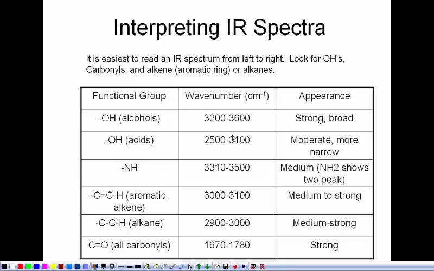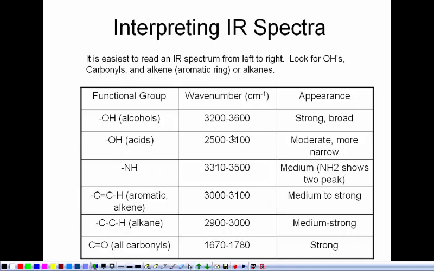Acids will show up closer to 3000. NHs show up between 3300 and 3500, but they're medium-sized peaks, with an NH2 being a sort of double pair. Peaks above 3000 are double-bonded hydrogens. Peaks just below 3000 are alkanes. And then carbonyls show up from about 1600 to 1800.